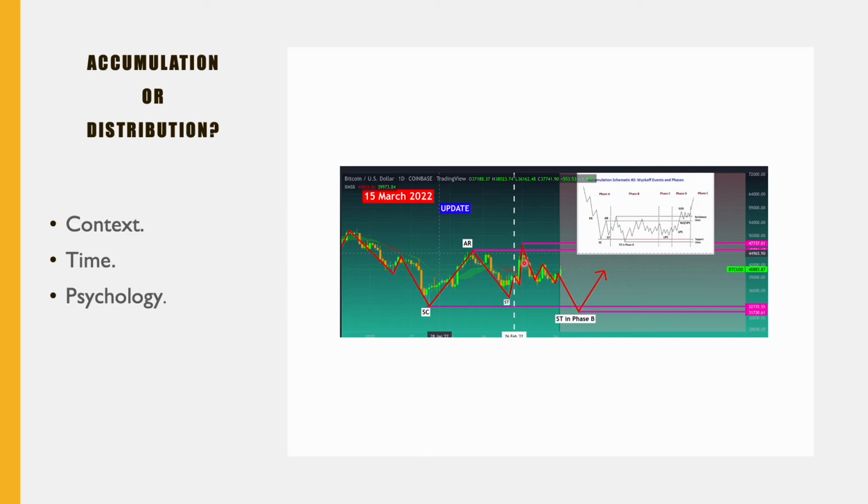An accumulation range, followed by, what did he expect? A breakout above the accumulation range and a markup phase. However, the reality of the situation was that this was the first redistribution event. It was the first bear market rally between January and March of 2023. Okay? And it's a problem.